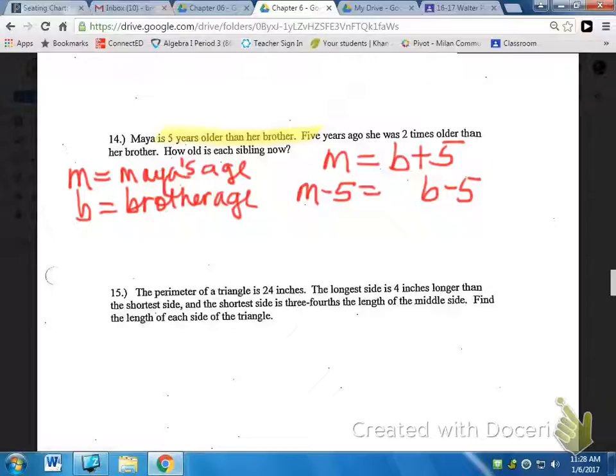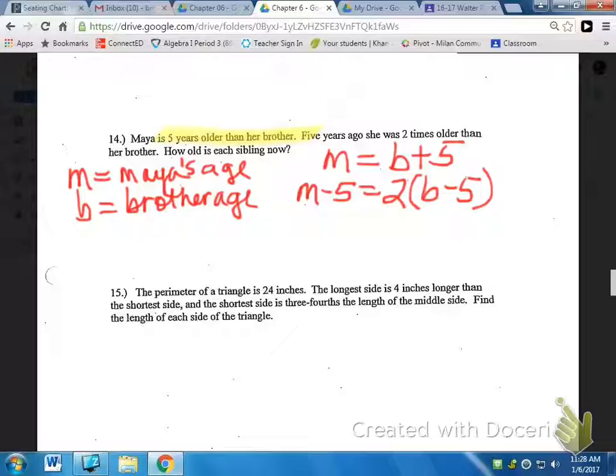But 5 years ago, she was 2 times her brother's age. Now think about that for a minute. We've got Maya's age now, subtract 5, so 5 years ago on Maya. Her brother's age 5 years ago would be B minus 5. She was twice that age back then. So that second equation is a little bit trickier to think about.